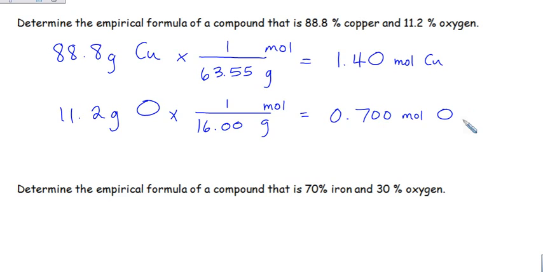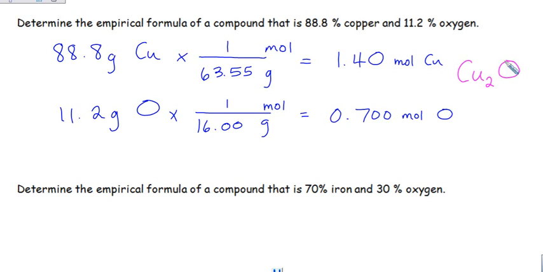However, do you see the ratio? Can you see the whole number ratio? There's twice as many moles of copper, which means in the formula there's twice as many atoms of copper. So I would put money down that this formula is Cu2O.